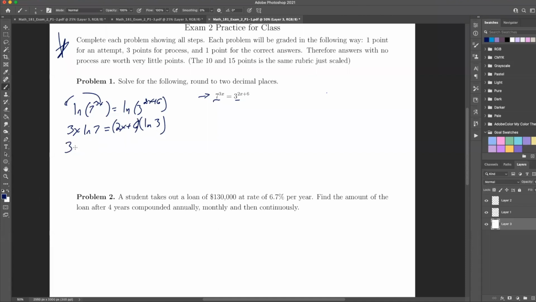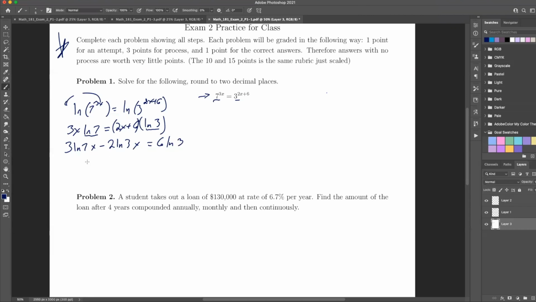So here I have 3 ln of 7 times x, because remember, ln of 7 is just some number, and ln of 3 is just some number. And this will be minus 2 ln of 3 times x, equals 6 ln 3.